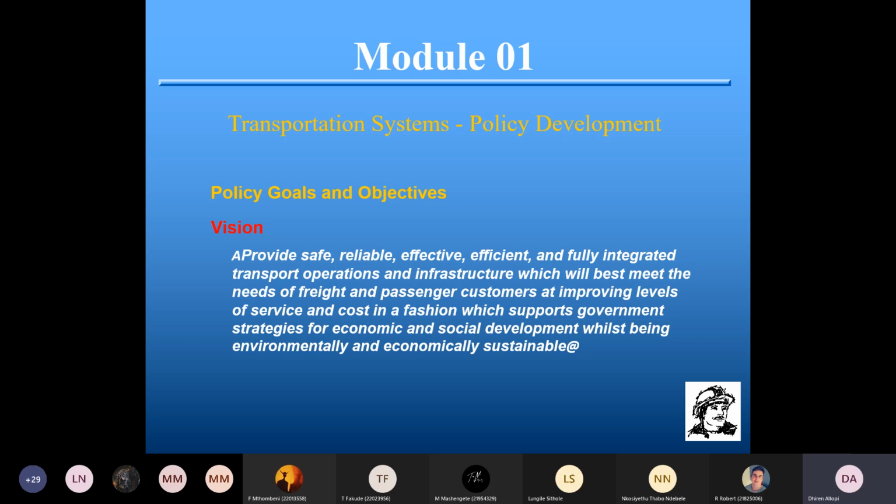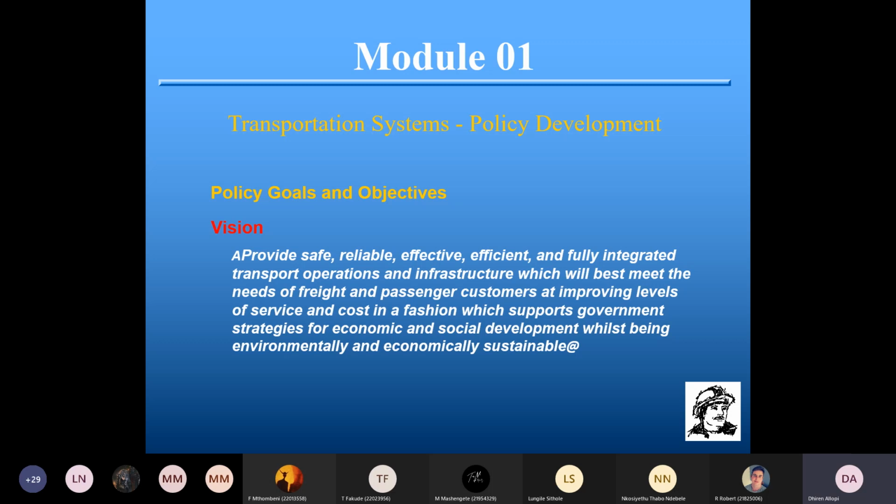This white paper, when the new government had taken over after '94, the Department of Transport then invited various stakeholders from industry, from academic institutions and so forth, to give their input towards the development of this white paper on national transport policy. And I was privileged enough to represent DUT in the formulation of this document.